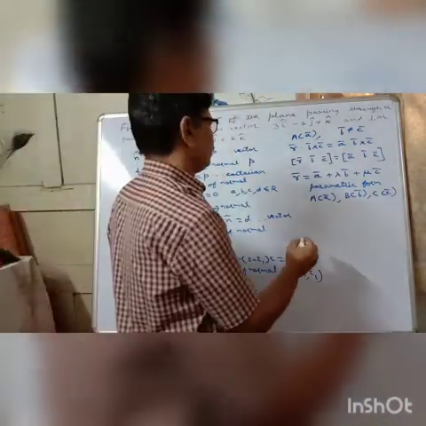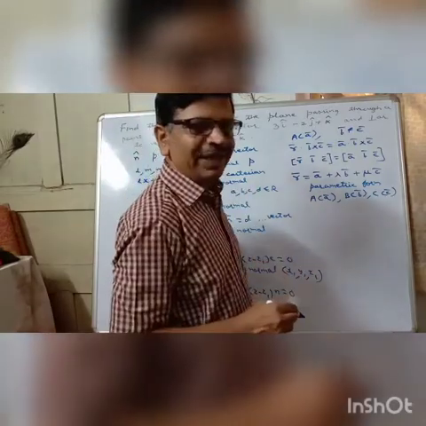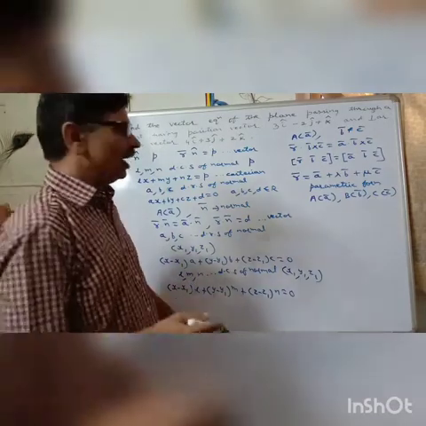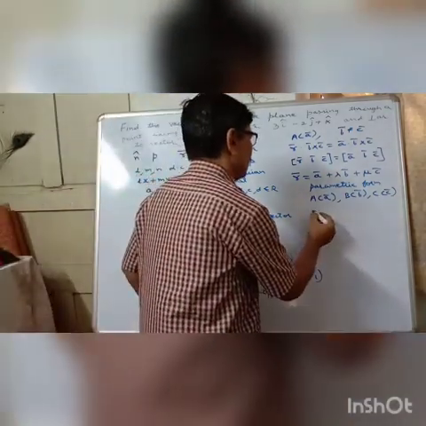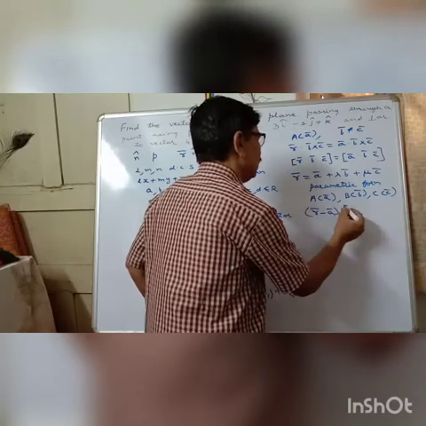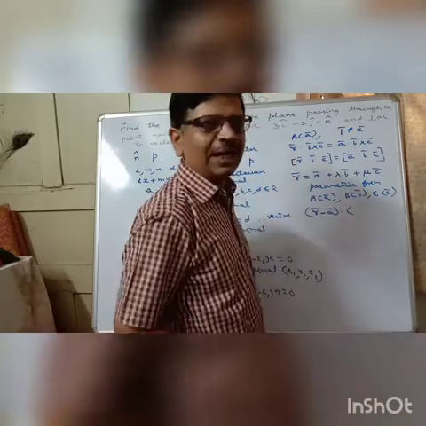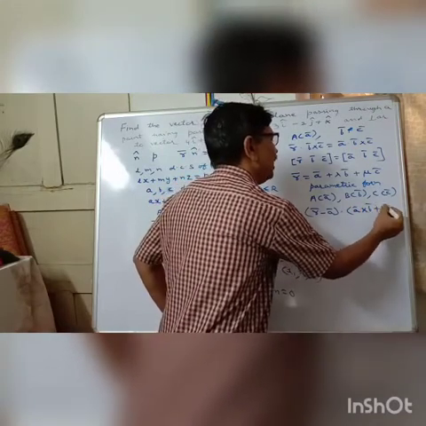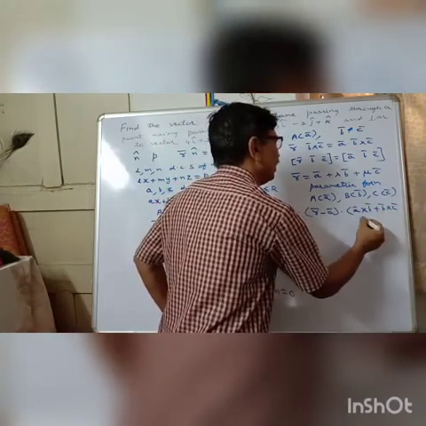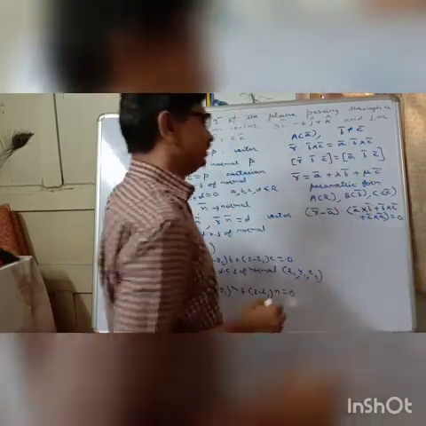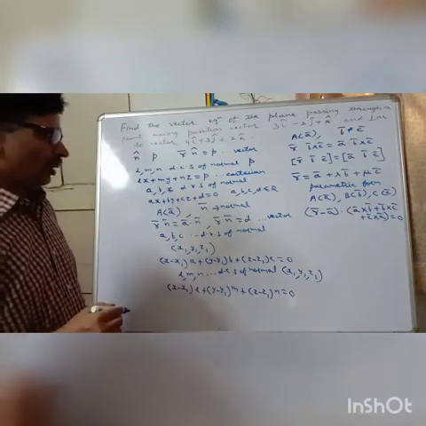Then equation of plane can be written in vector form: (R bar minus A bar) dot (A bar cross B bar plus B bar cross C bar plus C bar cross A bar) equal to 0.